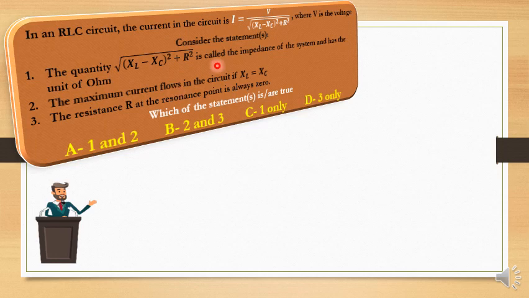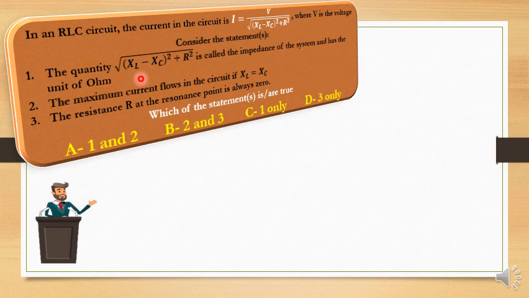Now this quantity here is actually called the impedance of the system. So statement 1 is correct, and the impedance equally has the same unit as ohm, which is the same as the unit of the resistance. So statement 1 is correct. This quantity is called the impedance of the system, and the unit of impedance is ohm.